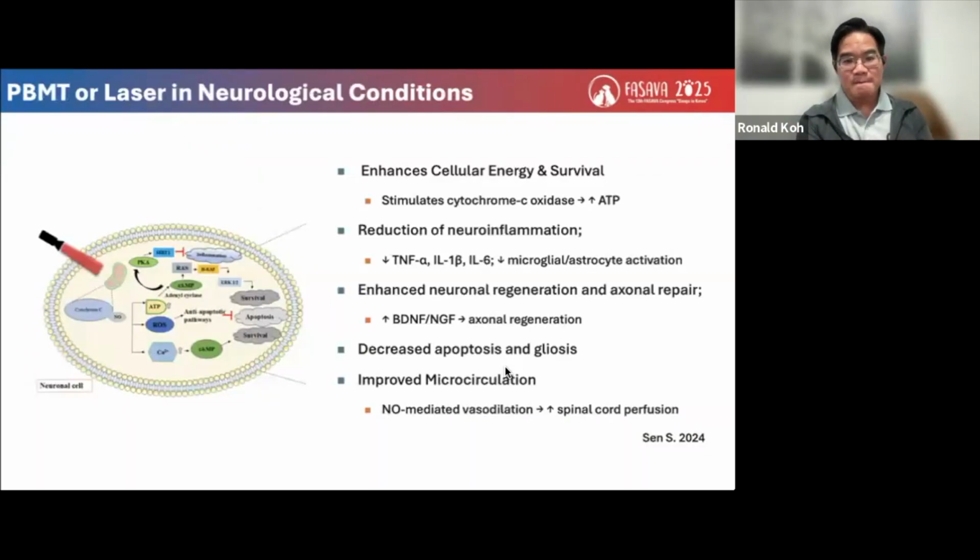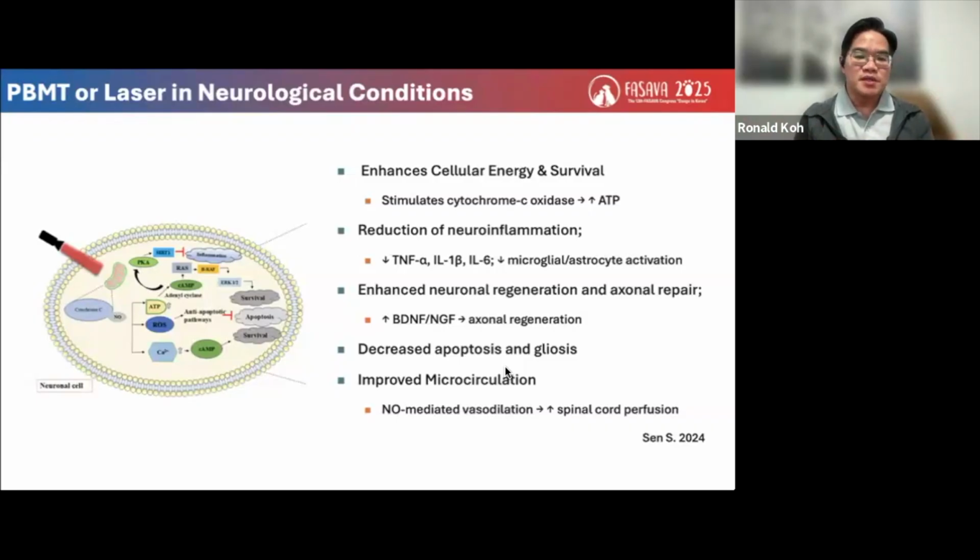Laser therapy, for those that do laser, you know that it helps to increase ATP, which helps to regenerate tissue or speed up the tissue healing. We don't know at this point whether or not it could penetrate deep to the spinal cord to regenerate the spinal cord, but at least we could use it to treat surrounding tissue injury and also reduce the inflammation.